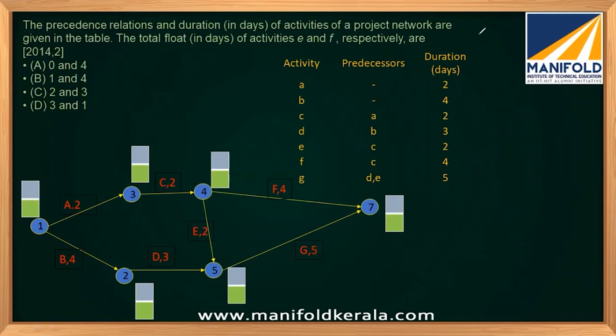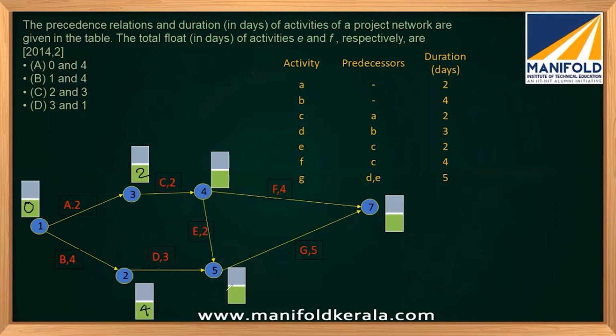Let's fill the boxes. Now this is the network, and let's start doing the forward calculation. For the first node, it will be 0. For this node, 2 plus 0 is 2. For this node, it will be 0 plus 4, 4.